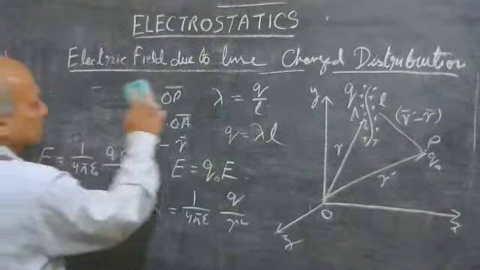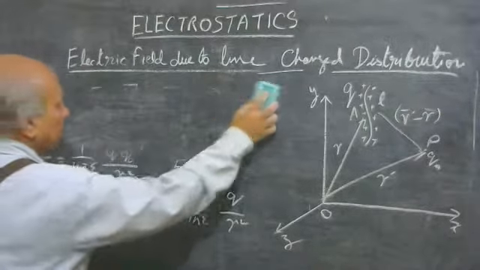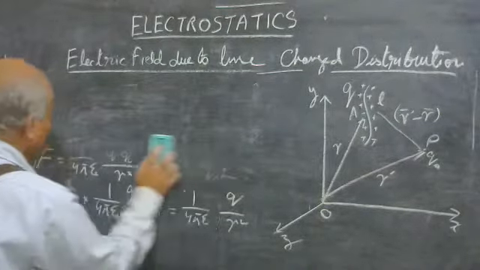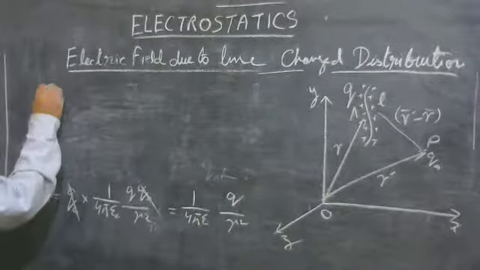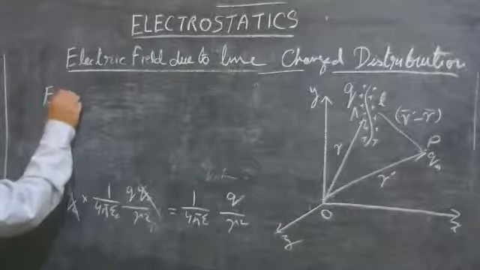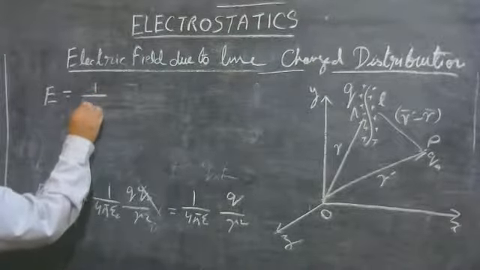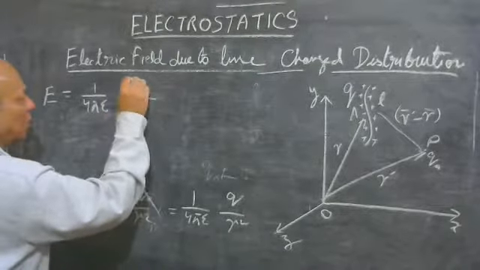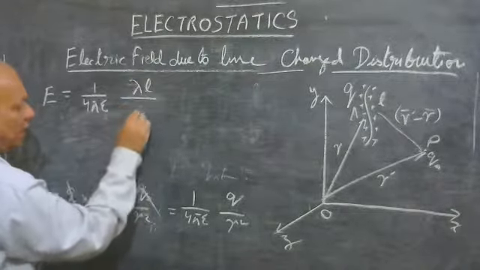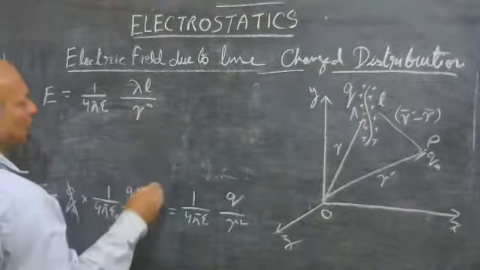Now in 3 dimensions, we can write down electric field E is equal to 1 upon 4 pi epsilon naught, and now put down lambda into L upon R square.